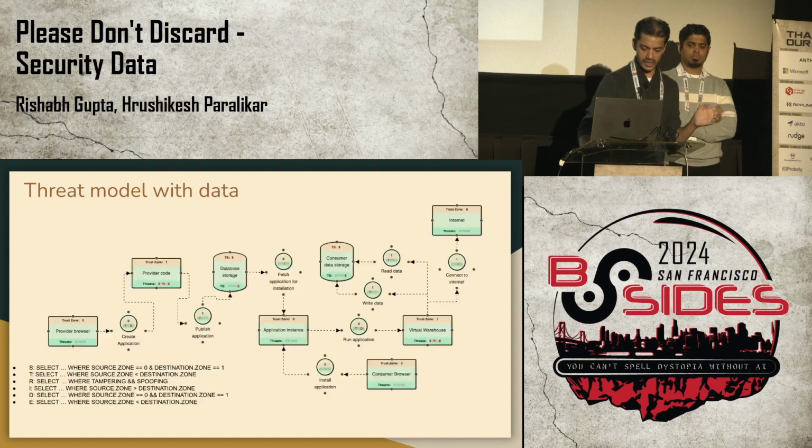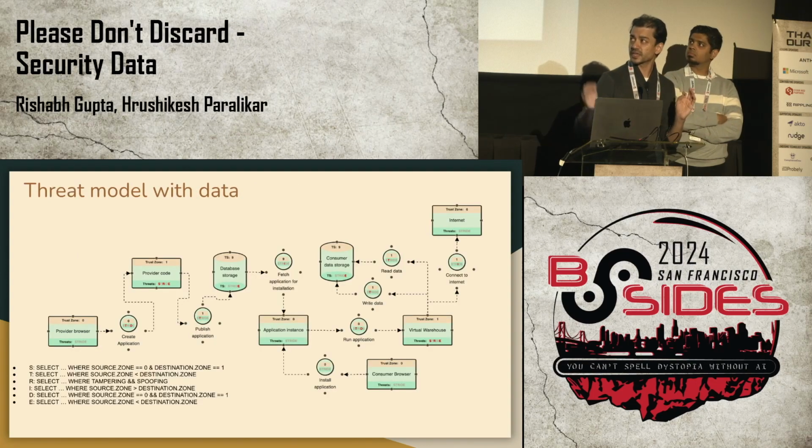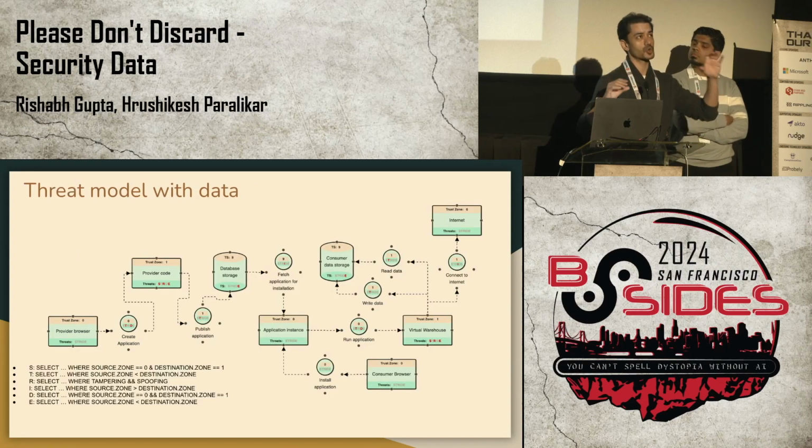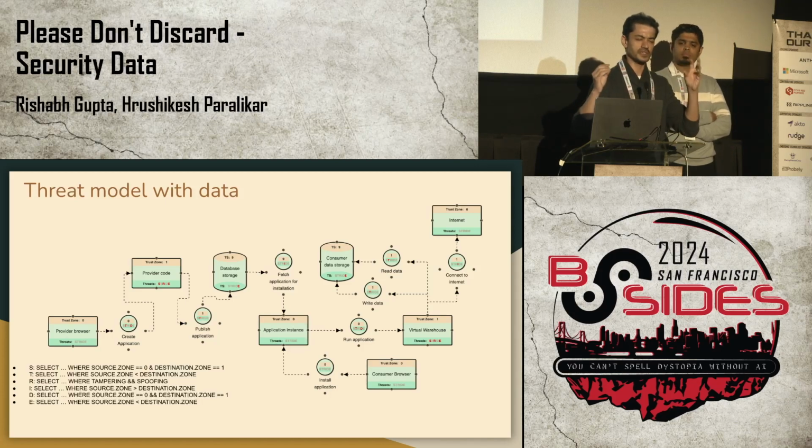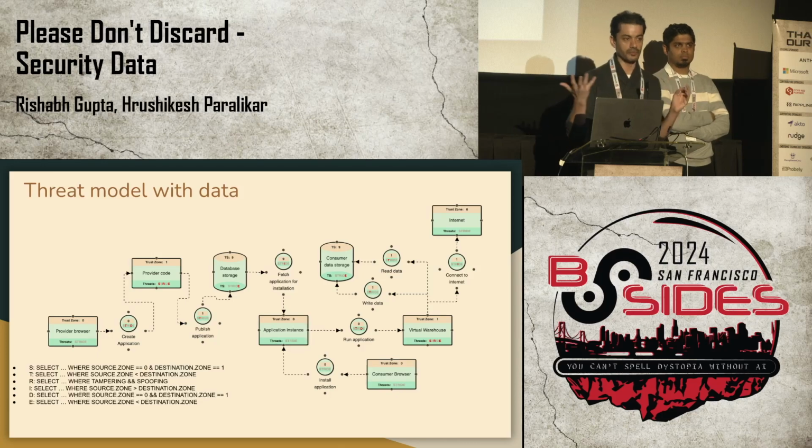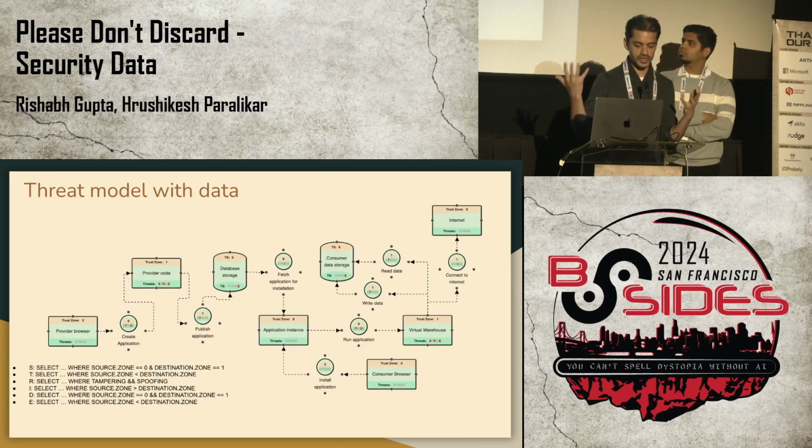But before I get to that, just to quickly explain, once we have these stored in tables, it is very easy to then apply simple SQL queries to them to come up with all these STRIDE-related threats, right?